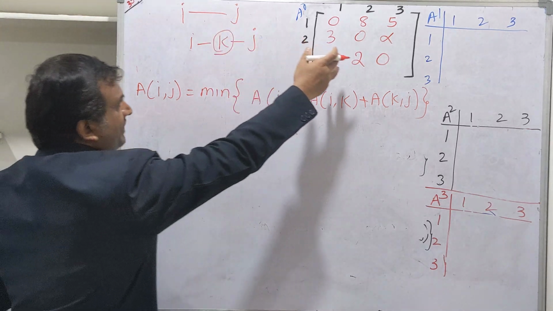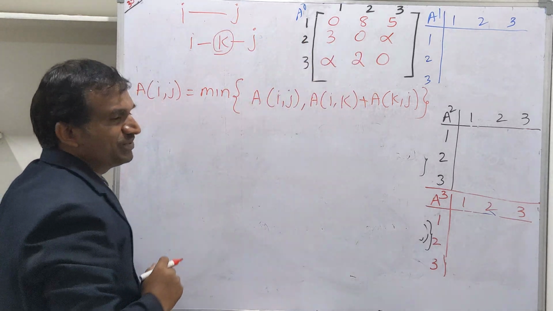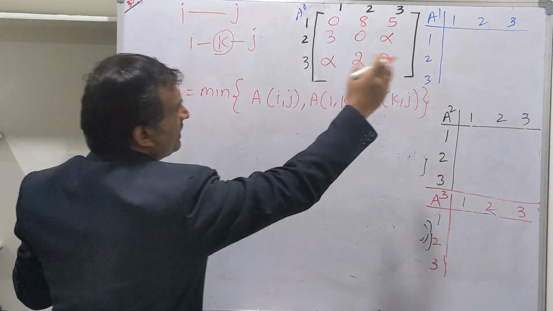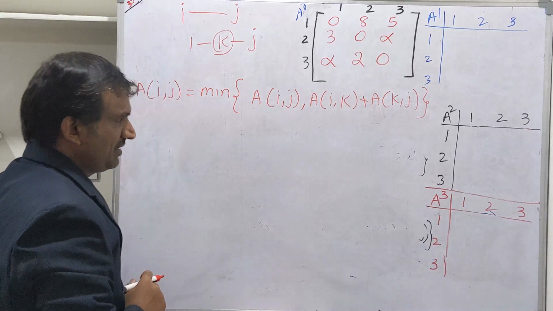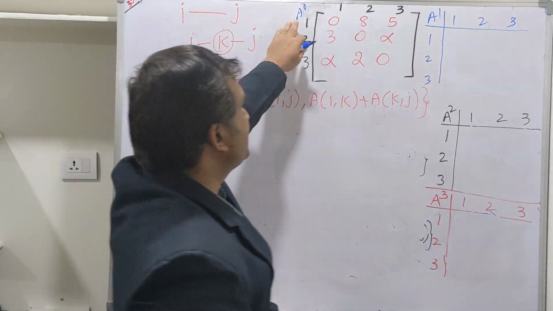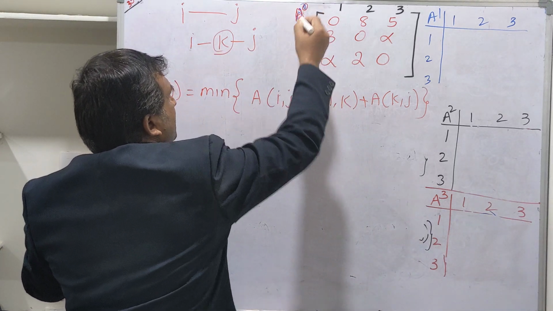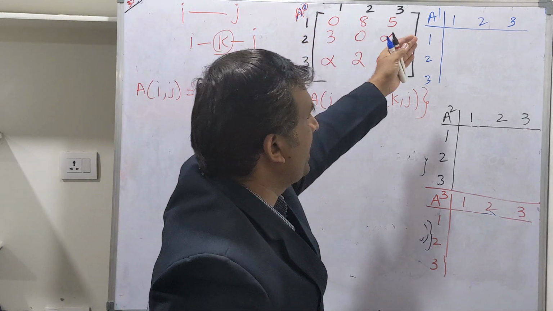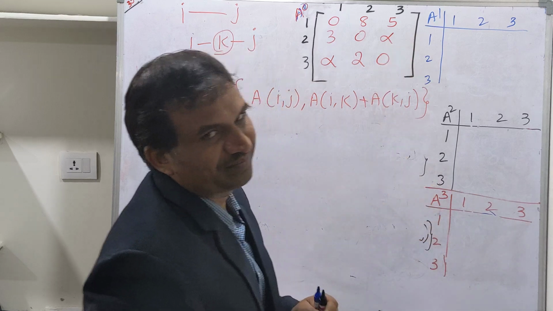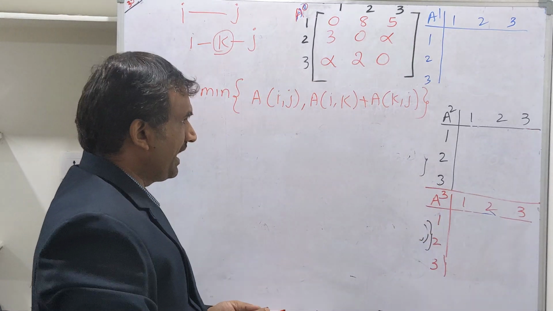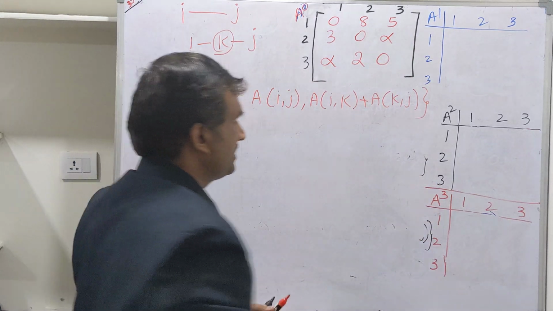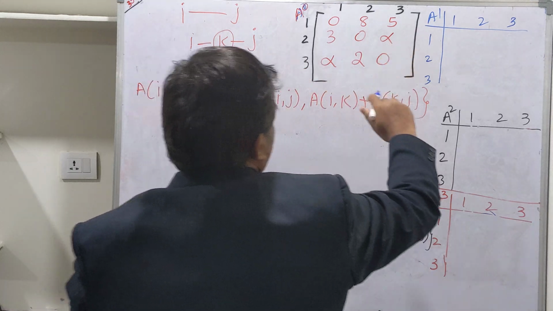Now assume that the given graph is this, which is converted into an adjacency matrix. Now let us start solving this. Initially we consider A0, this is A0. Now we convert this into A1, A2 and A3. First let us calculate A1. In A1, we want to calculate with k equal to 1.